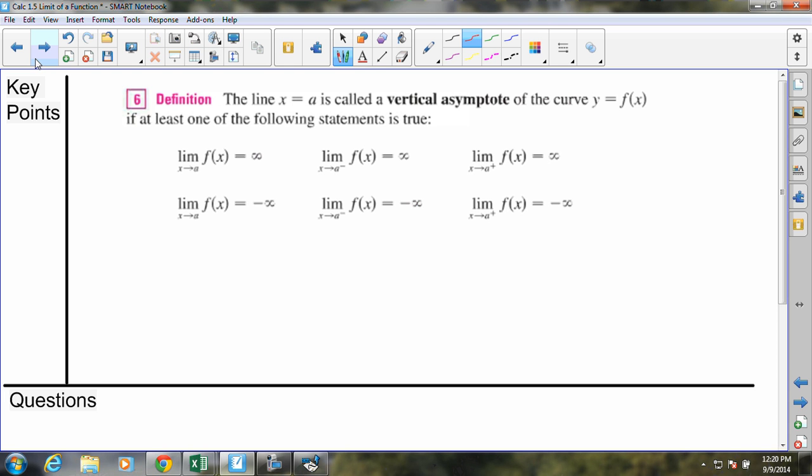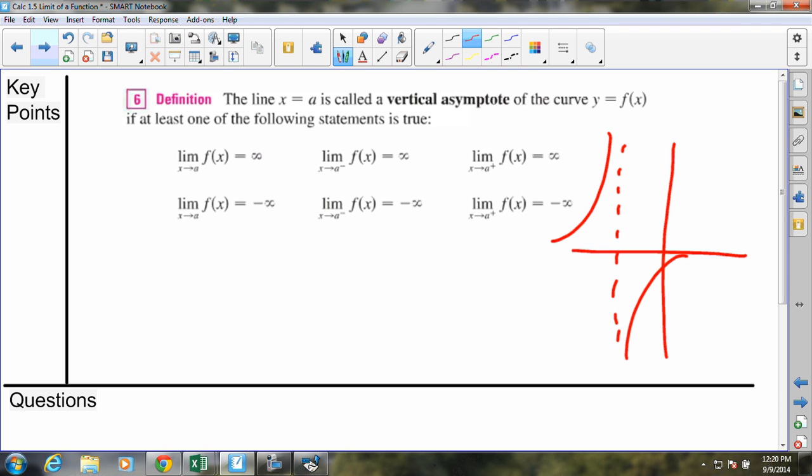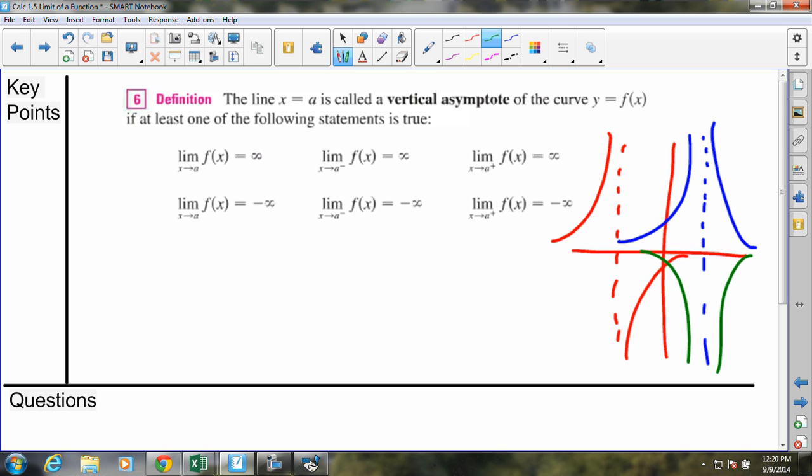All this piece is saying is if you've got a graph where you have a vertical asymptote, at some point it's going to have to go off toward infinity or negative infinity. You might have both sides coming up to infinity. You might have both sides going down toward negative infinity. That's what vertical asymptotes actually are.